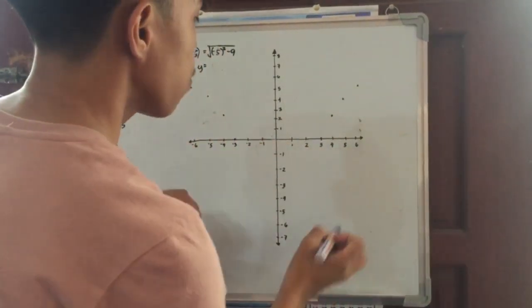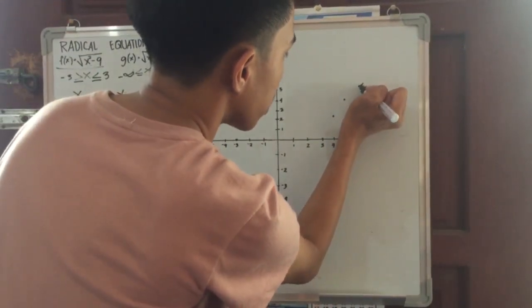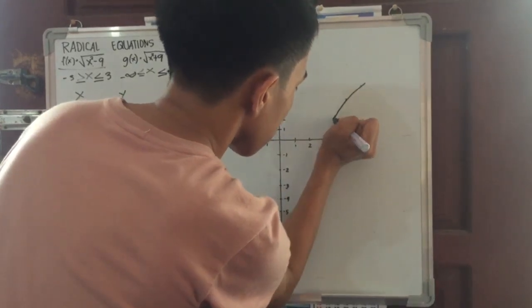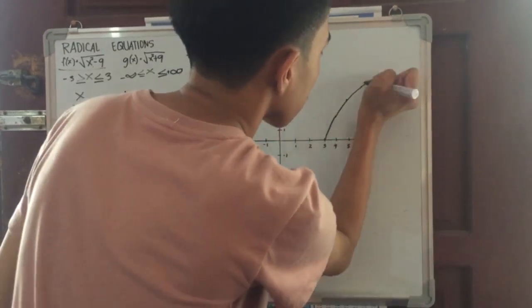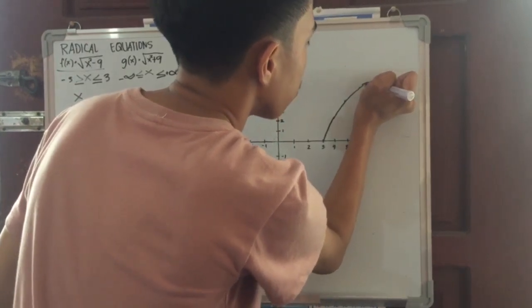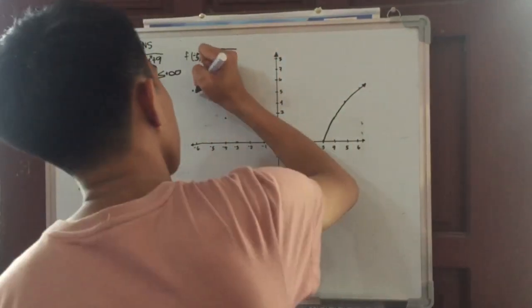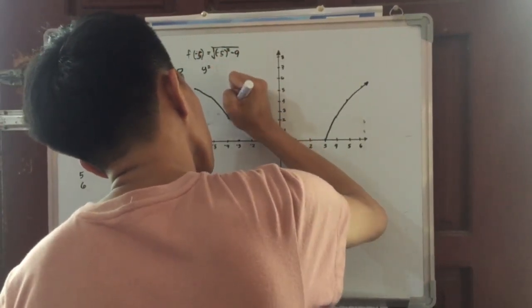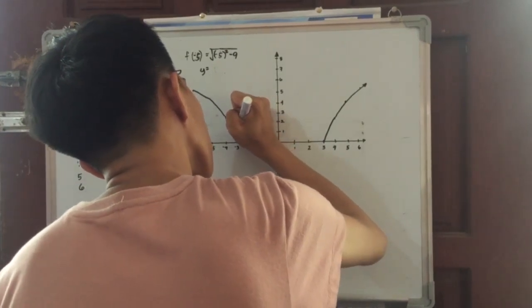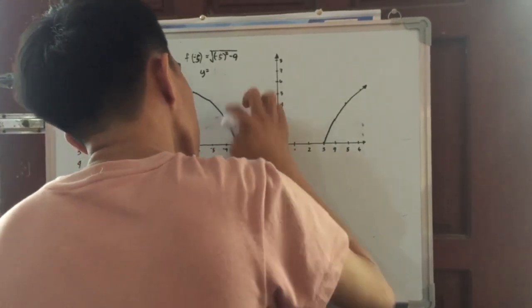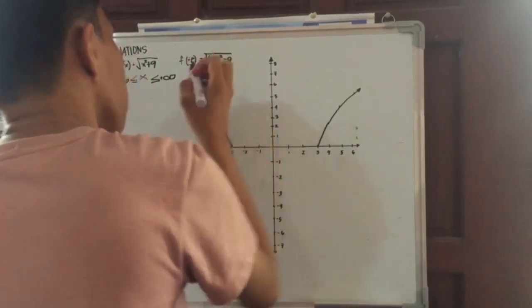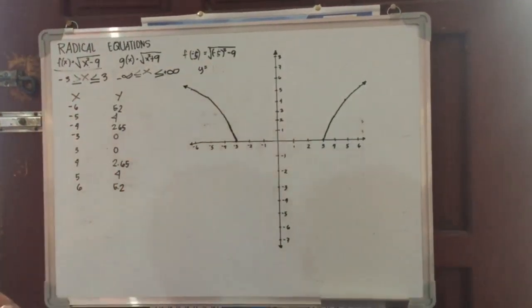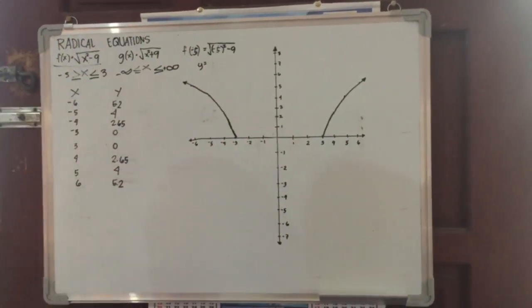Then simply connect our ordered pairs, and don't forget to put an arrowhead. And then an arrowhead. So that's it for our first function.